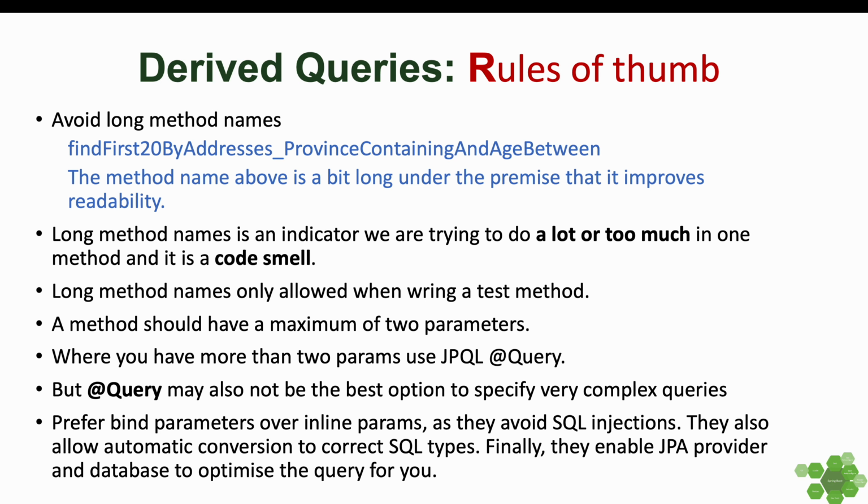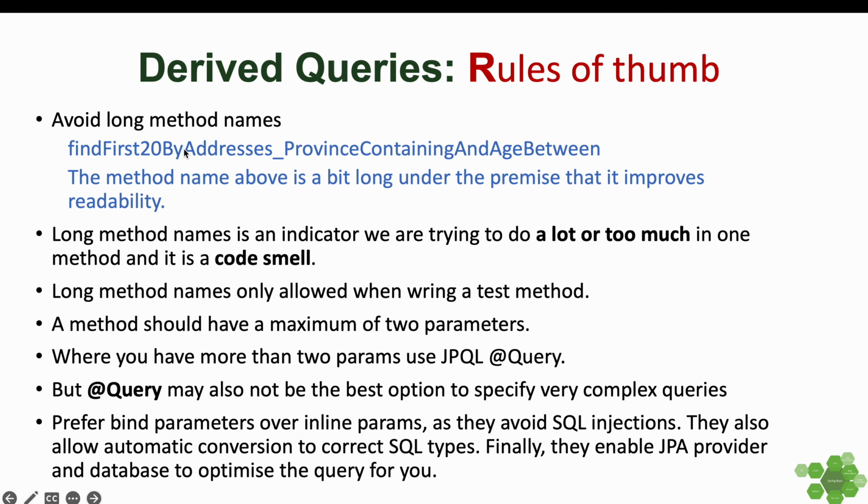But before I pass this section, I want to show you some rules of thumb when you are dealing with method names. The first rule of thumb is you must avoid long method names.